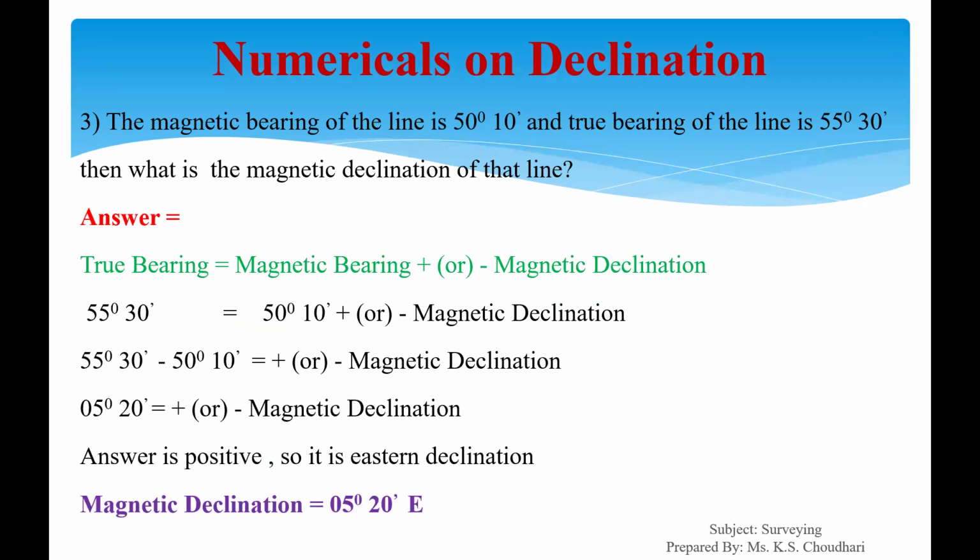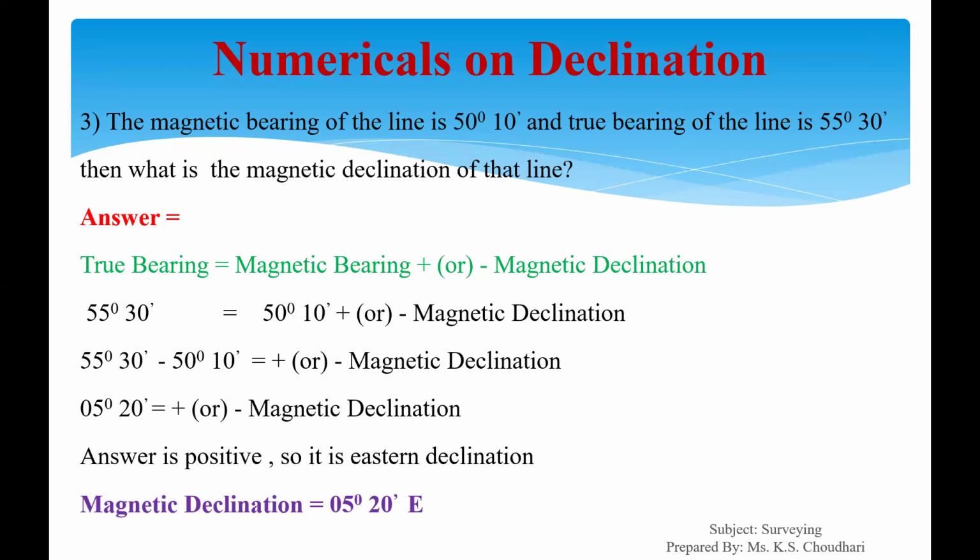Now, the third question. The magnetic bearing of the line is 50 degree 10 minutes and the true bearing of the line is 55 degree 30 minutes. Then, what is the magnetic declination of that line? So, how to solve it? As we all know, true bearing is equal to magnetic bearing plus or minus magnetic declination.